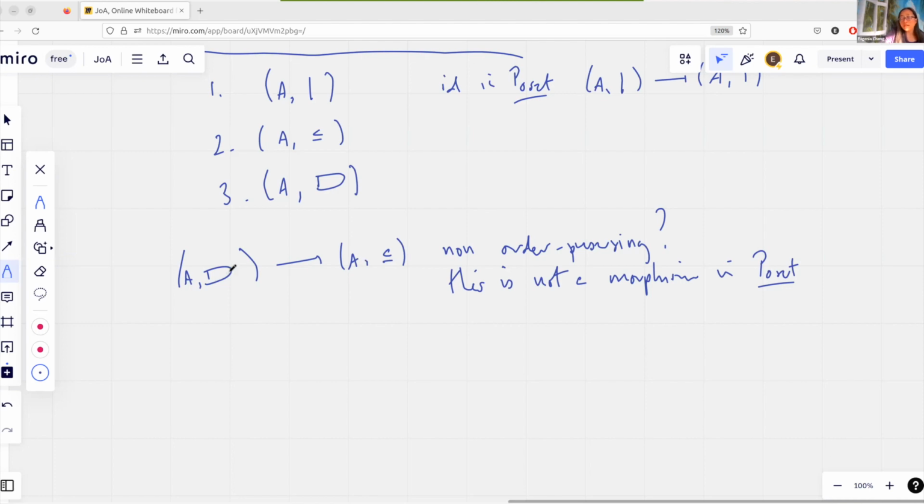You can think of it like that if you want to, as long as you're clear that that is not a morphism in the category of posets. Whereas there is an identity function like this in the category of sets, and then we can point out that it does not respect the ordering.